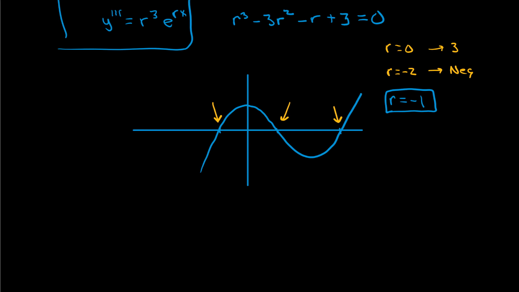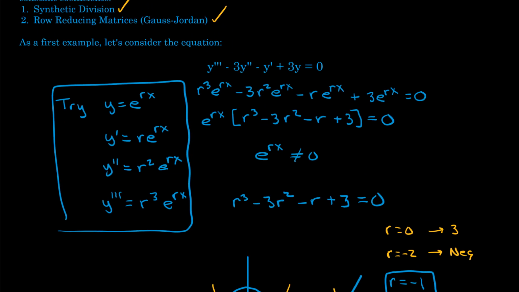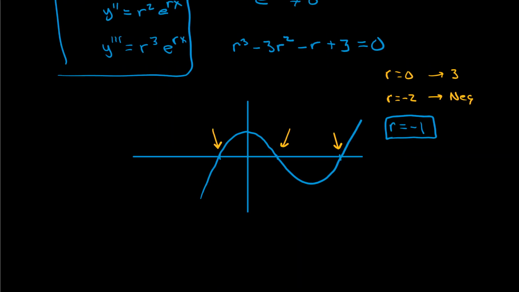Okay, what's that get us? Recall that I mentioned that we're going to need two techniques. In the upper left corner, the first one is synthetic division. If r equals negative 1, that tells us that r plus 1 is a factor.